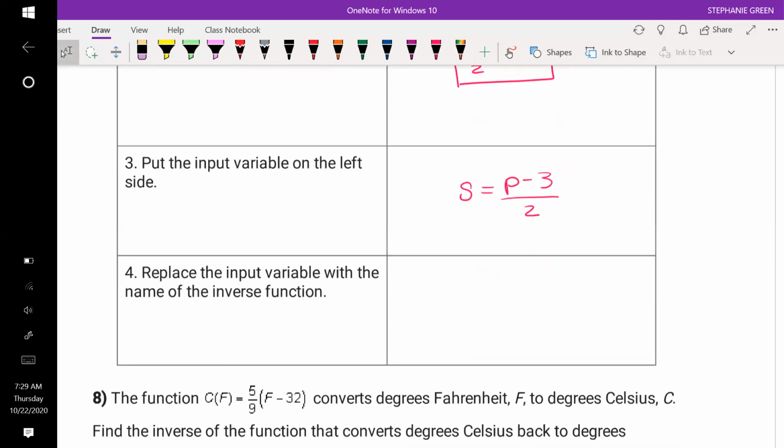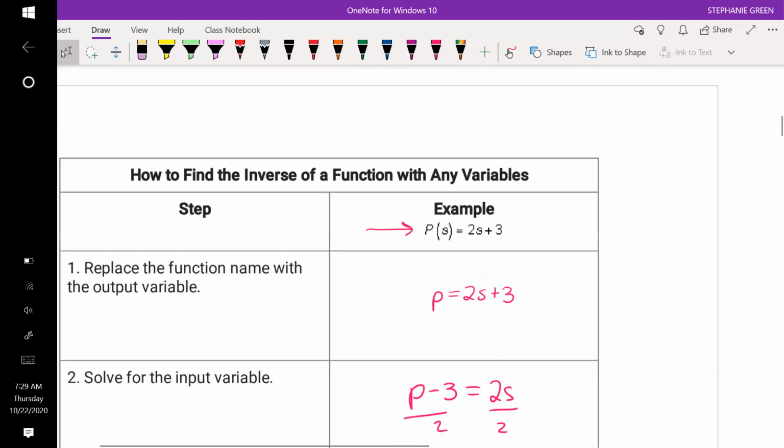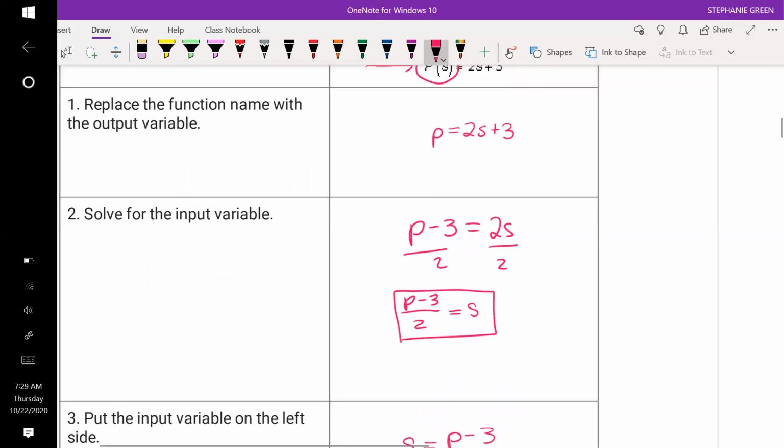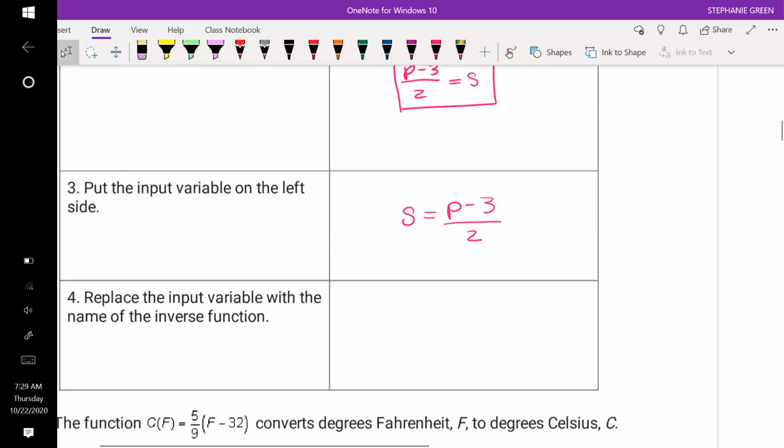And then replace it with the name of the inverse function. So our original function was called p of s. So we're going to call it p inverse of s.